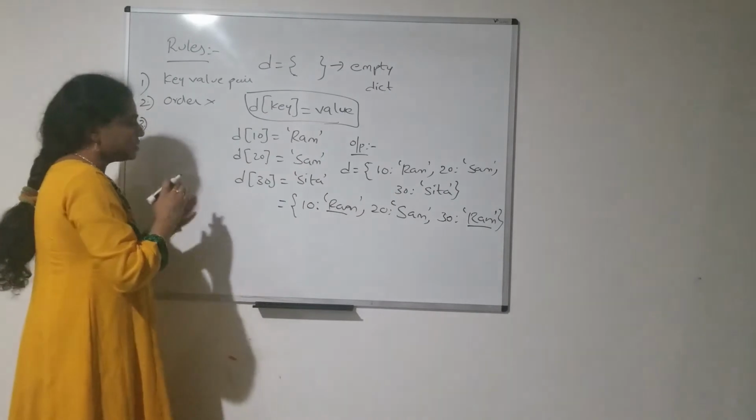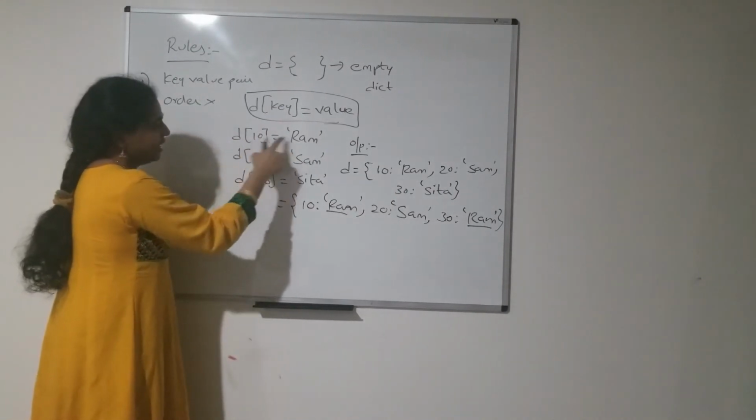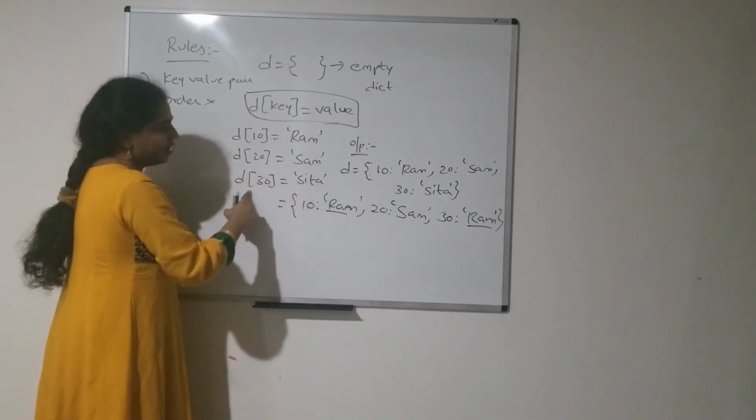Suppose for example, I already have this data: d of 10 equal to Ram, d of 20 equal to Sam, d of 30 equal to Sita.